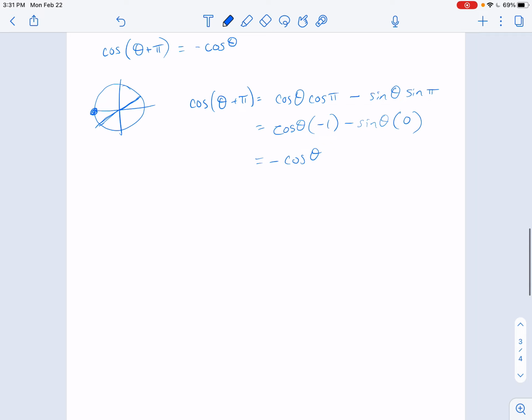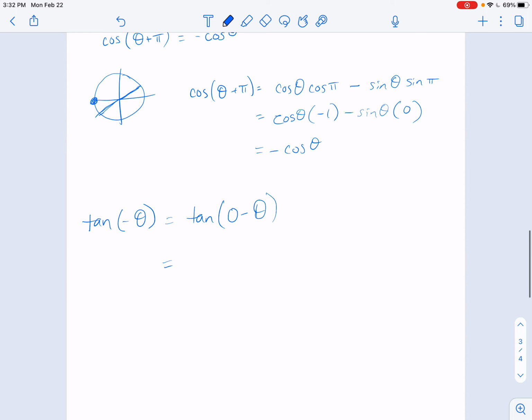And you can even do something like tangent of negative theta. Well, this would be equal to tangent of 0 minus theta. I picked sine, cosine, and tangent just to give you experience with different ones. Tangent of 0, then it's the same sign, divided by 1, the opposite sign, tangent of 0 times tangent of theta.